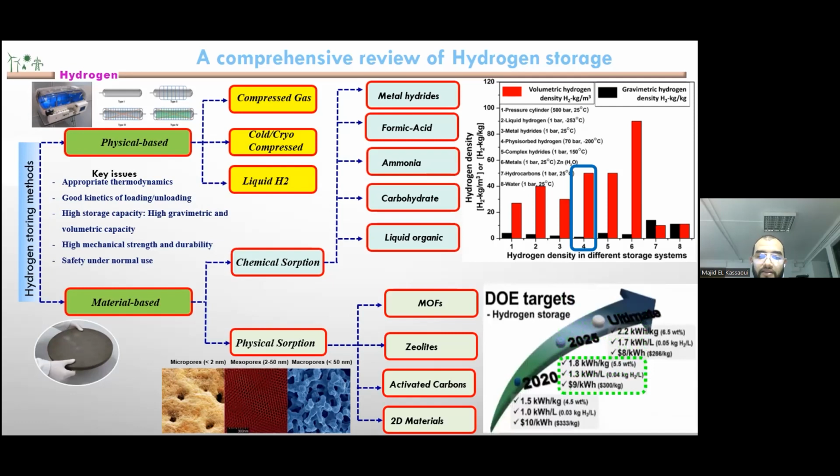On the other hand, the Department of Energy targets for 2025 are a gravimetric capacity of 5.5%, 0.04 kilogram per liter, and a system cost of $300 per kilogram.